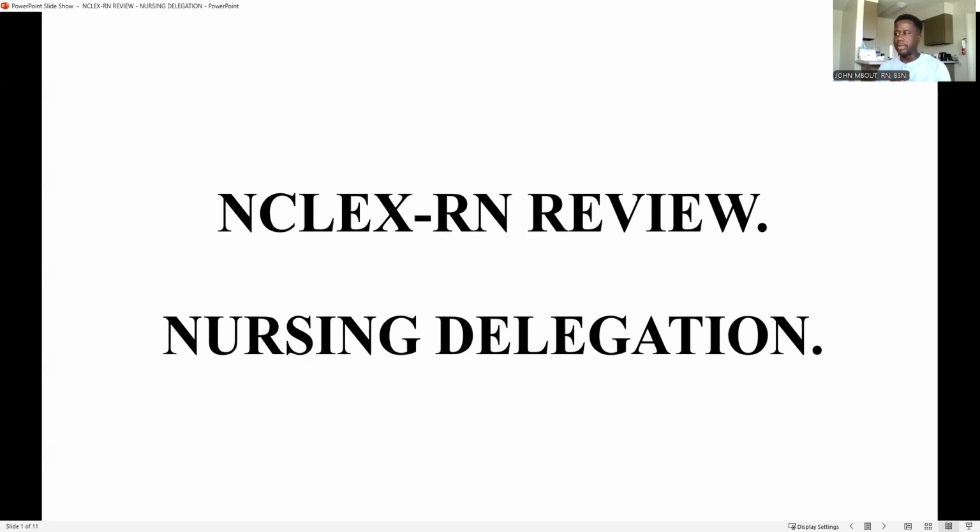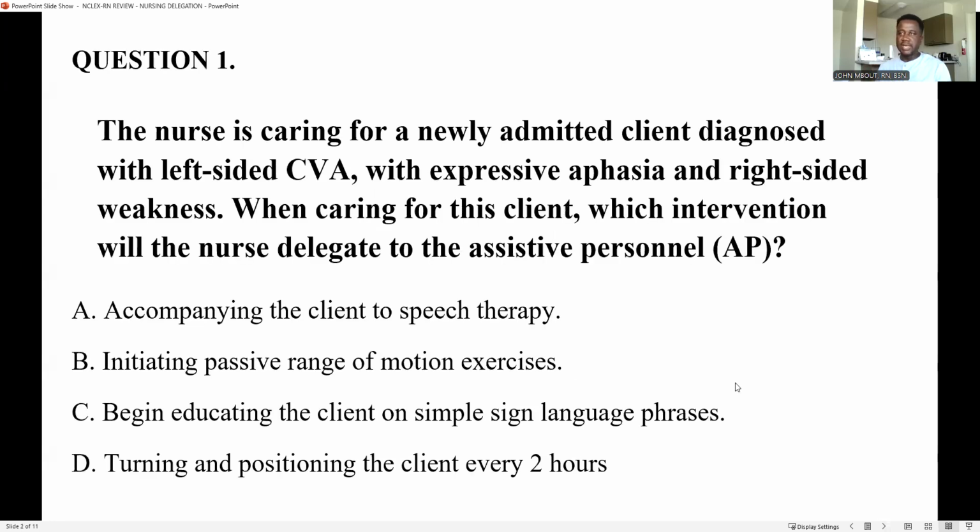So let's get going. The first question says, the nurse is caring for a newly admitted client diagnosed with a left-sided CVA, cardiovascular accident, with expressive aphasia and right-sided weakness. When caring for this client, which intervention would the nurse delegate to the assistive personnel?